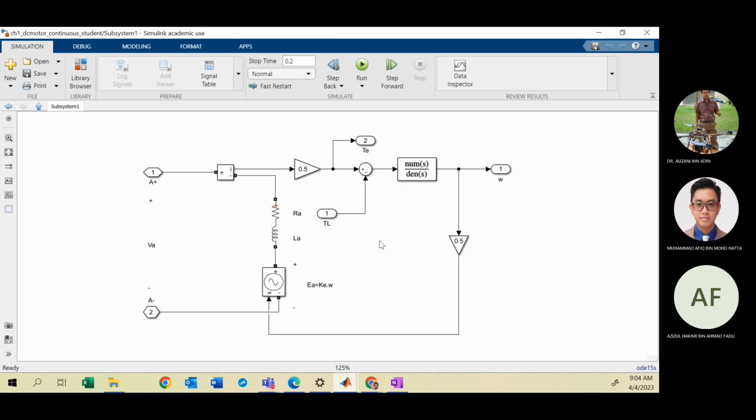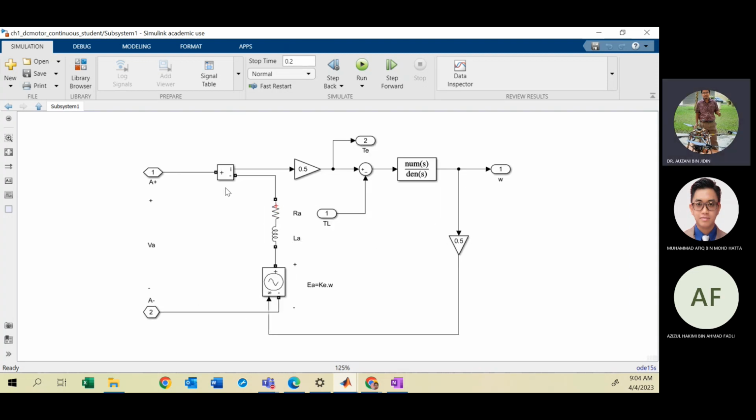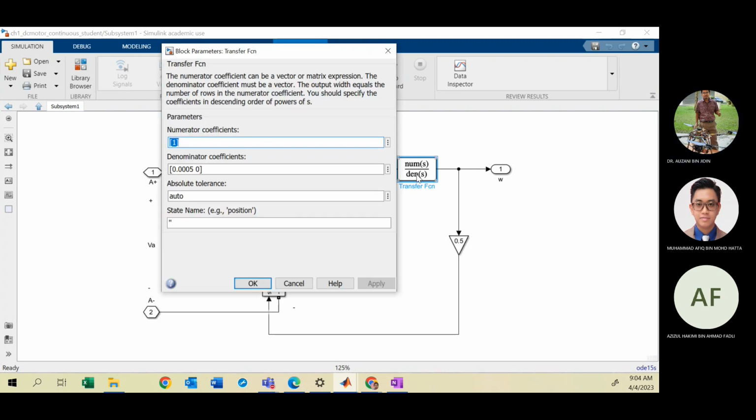Then from here you can see there is the current measurement, which provides the information of current here, the IA. IA you multiply by KT to produce the torque. Clear? Then you compare the torque with the load torque. Then here will be the transformation of the mechanical system.